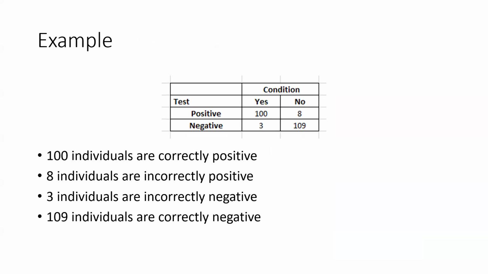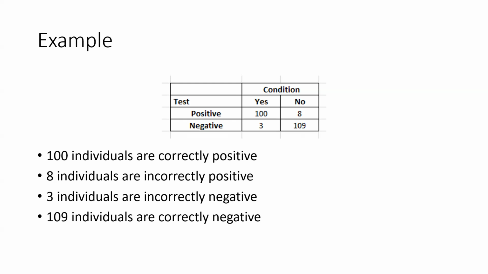And here we have a matter of testing individuals who are either going to be tested correctly positive or correctly negative. So they may have the condition and they may test positive for the condition, or they may have the condition and not test positive for the condition.